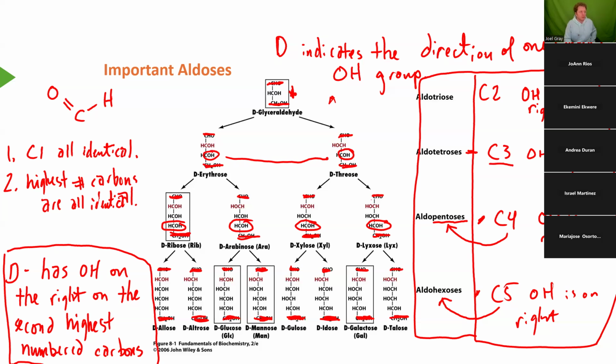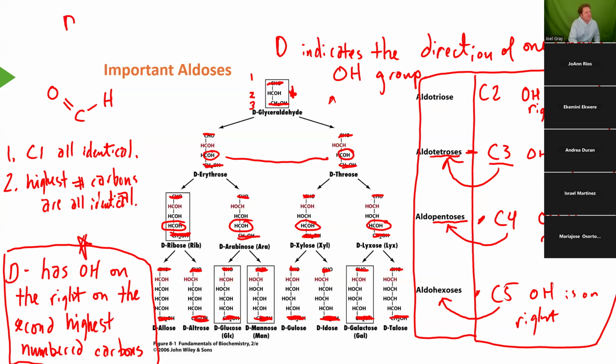Carbon 3, well, when we're talking about a 4-carbon sugar, carbon 3 is our second highest numbered carbon. Now, keeping in mind, how do we do our numbering? Well, our numbering starts with our aldehyde functional group. So 1, 2, 3.